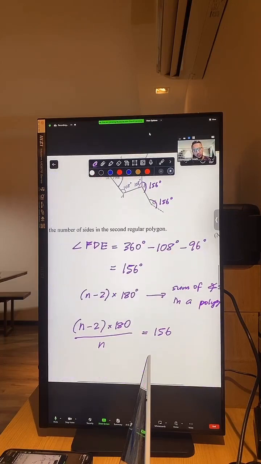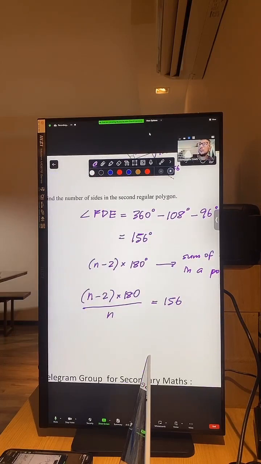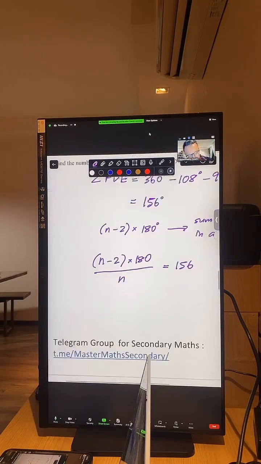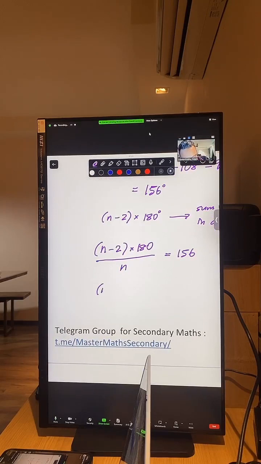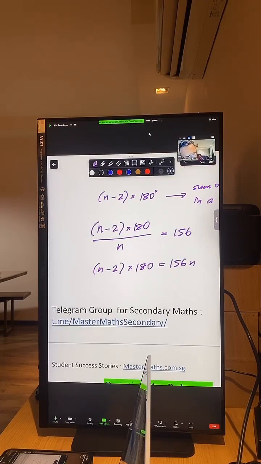So all that we need to do now is solve for n, just like any other algebra question. So let's go. n minus 2 times 180 equals 156n. This one we can use the rainbow method. n times 180 minus 2 times 180.